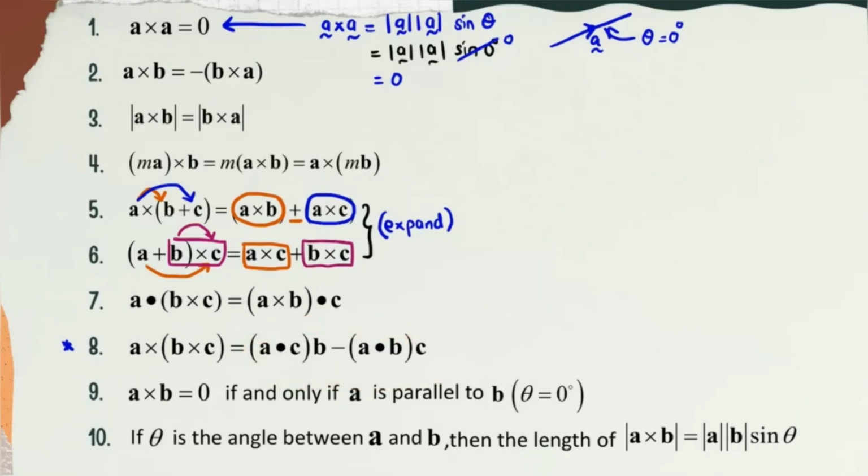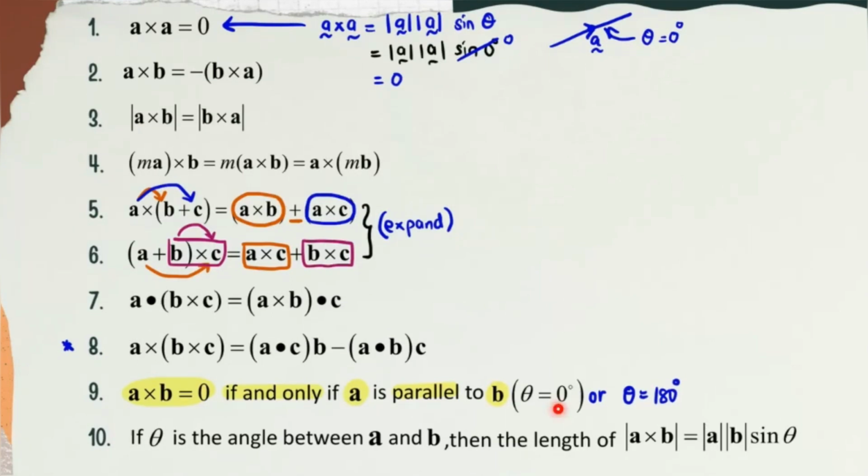Okay, dan rules number 9 adalah rules yang selalu kita akan guna where A cross B equals to 0 if and only if A is parallel to B. In other words, theta kita adalah 0 ataupun theta kita adalah 180. Ini kalau dia opposite direction. Okay, kenapa?